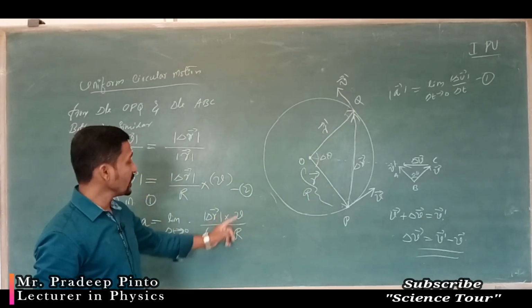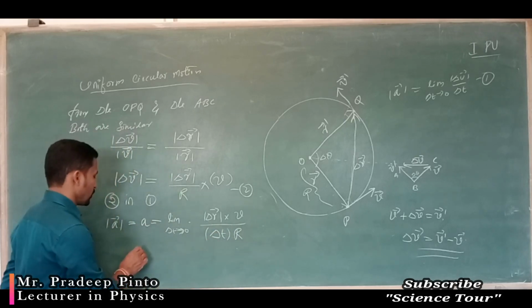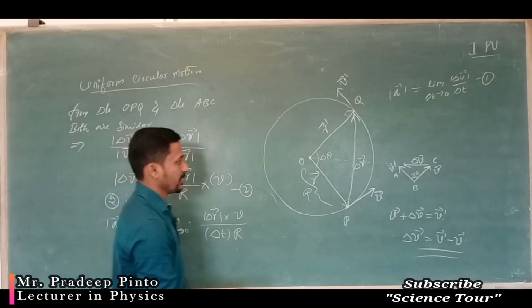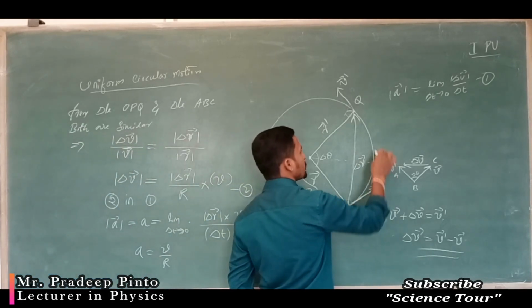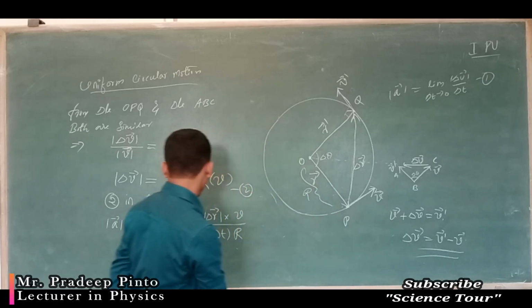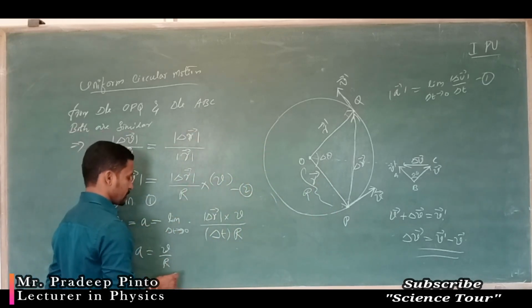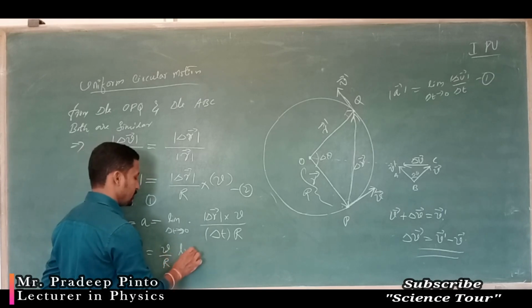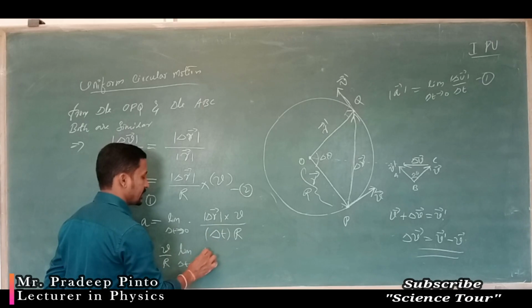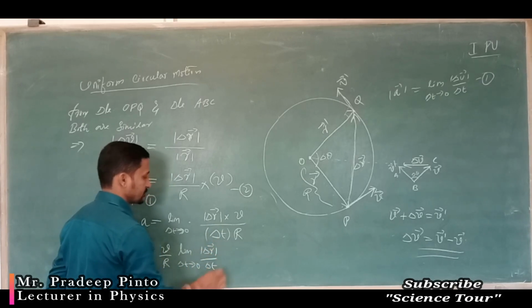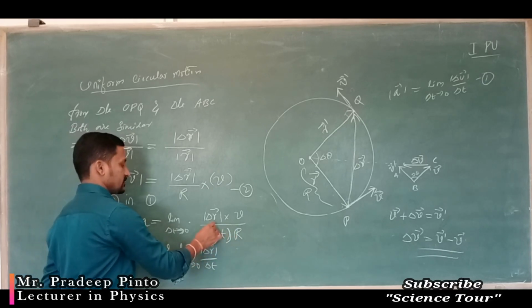V and R are constant, so you can take them out. There is no limit for V and R; their magnitudes are not going to change. So acceleration equals V by R times the limit as Δt tends to 0 of Δr by Δt.